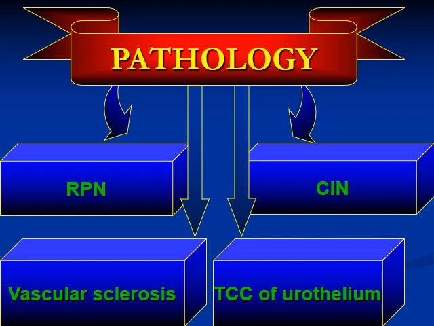Vascular sclerosis, which affects the small arterioles and venules in the renal medulla and in the submucosa of the renal pelvis and urinary tract. A chronic interstitial nephritis, and finally a transitional cell carcinoma of the urothelium.